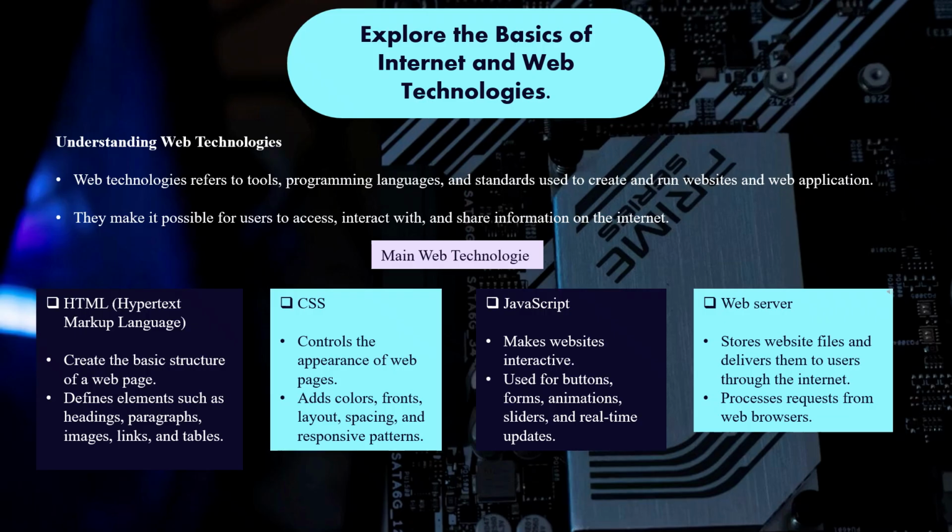HTML, which stands for hypertext markup language, creates the basic structure of a web page. It defines elements such as headings, paragraphs, images, links, and tables, essentially forming the skeleton of every website you visit. Next, CSS controls the appearance of web pages, adding colors, fonts, layout, spacing, and responsive design patterns that adjust a website for different screen sizes.